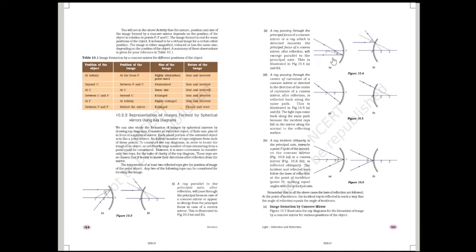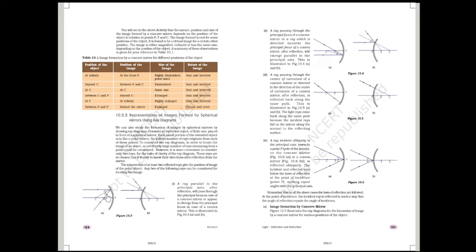This is illustrated in figure 10.5 A and B. The light ray comes back along the same path because the incident ray falls on the mirror along the normal to the reflecting surface. Now this also implies that it divides into two equal angles because it is normal.